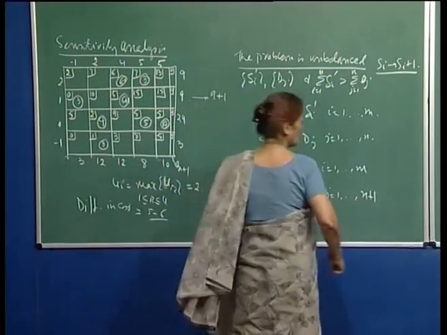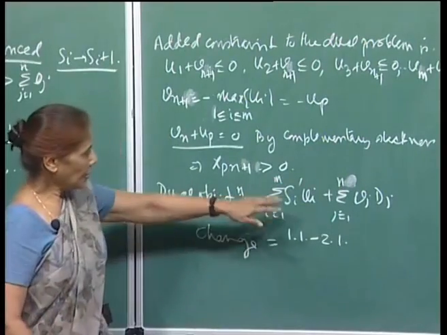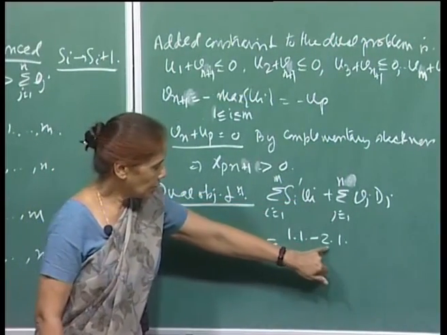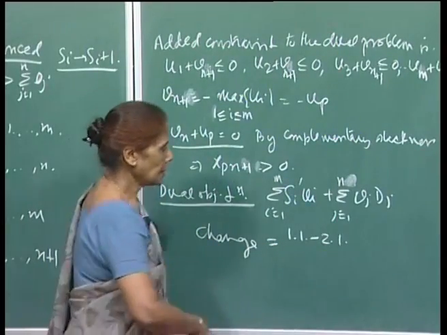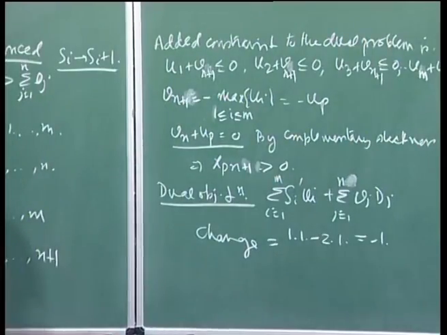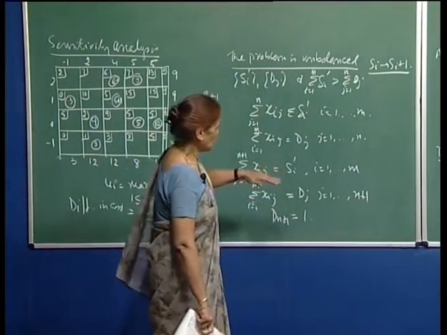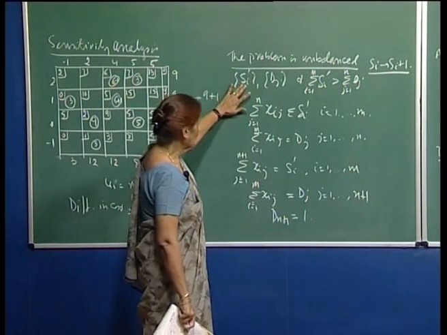So the difference is minus 2, u_1 into 1, because s_1 came down by 1, and the corresponding u_1 is 2. So I subtract this, and this becomes minus 1. So the two costs match. Now I have just shown you how to tackle the change in the s_i.